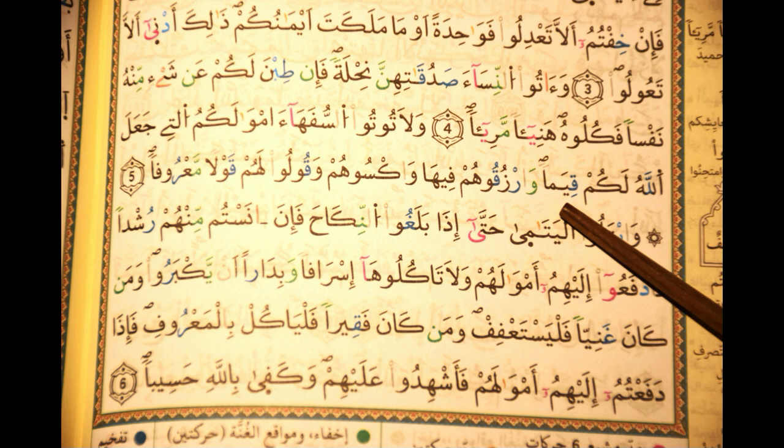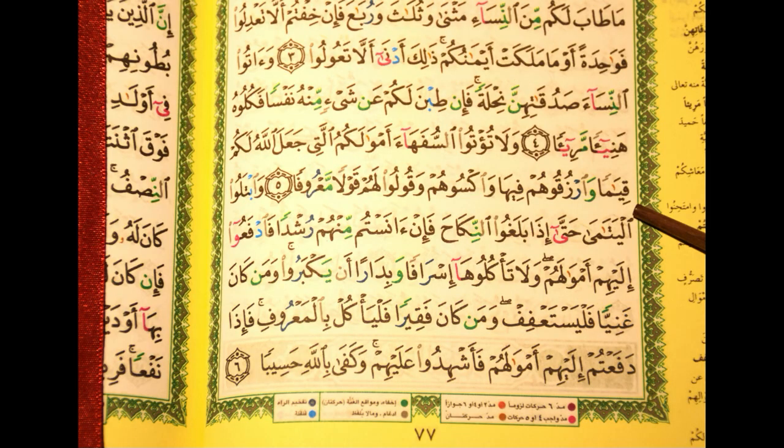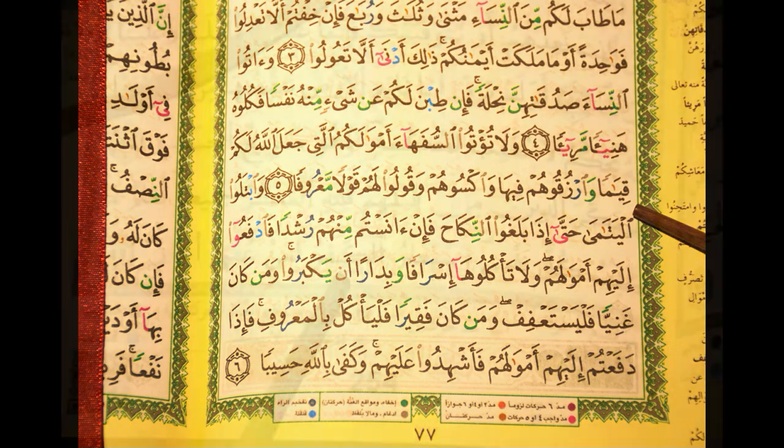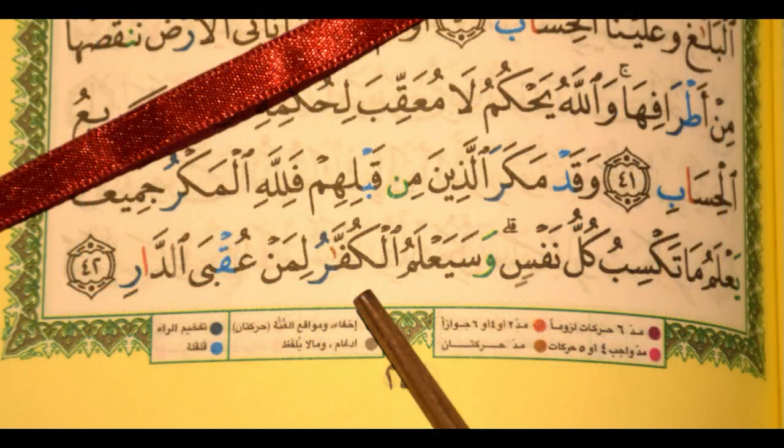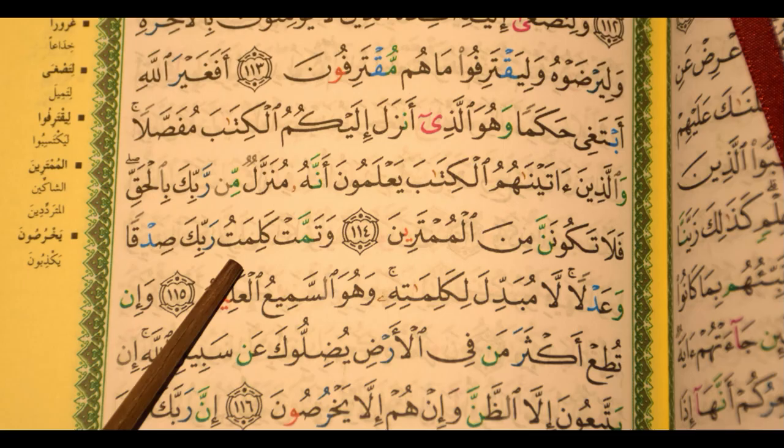In chapter 4, verse 5, Hafs adds a dagger aleph to the word qiyaman, which means something of value, changing it to qiyaman, meaning a means of support. In chapter 13, verse 43, the dagger aleph is moved, changing Warsh's singular kafir, which means infidel, to the plural kufar, infidels, in Hafs.